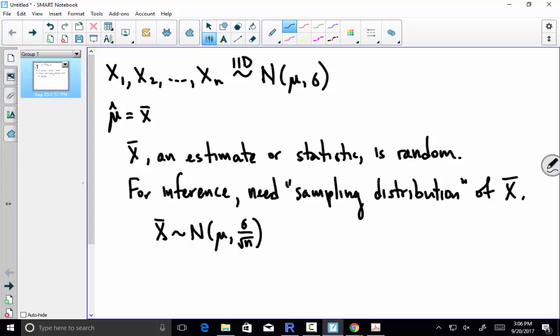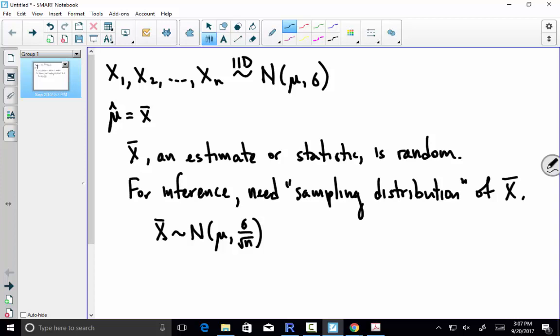In practice, we don't know what sigma is, so we estimate it with a sample standard deviation like S, in which case, instead of x bar being normal, we refer to a t distribution. But it all starts with this result here.